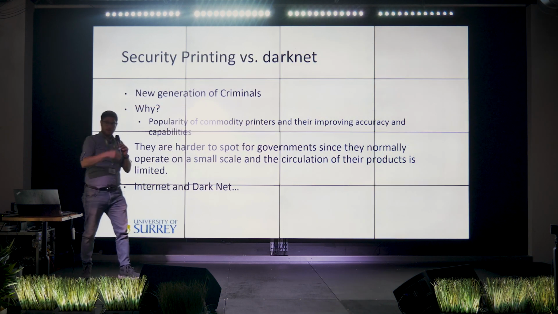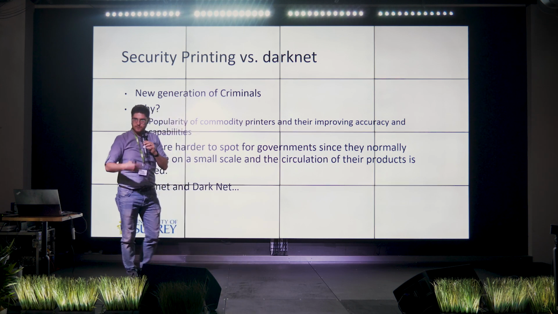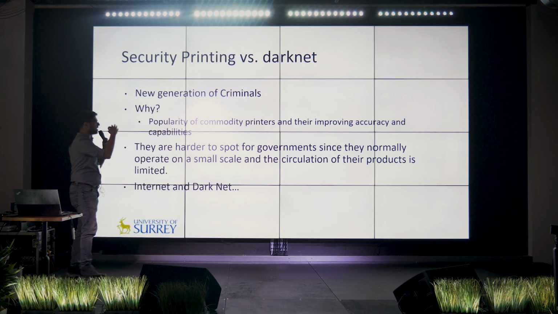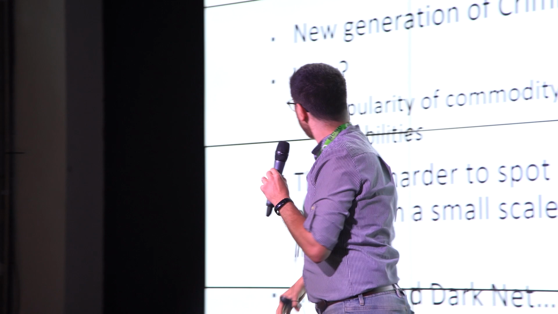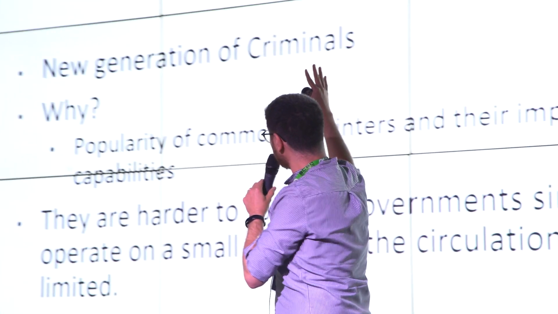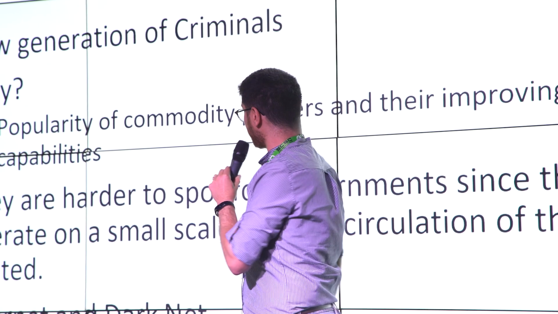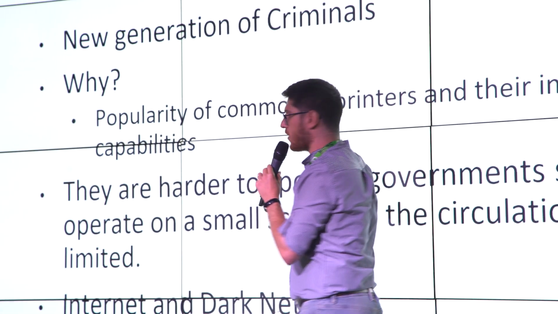So security printing has a lot of new challenges, considering everything that is going on in technology. The first challenge is the darknet. There is a new generation of criminals showing up everywhere. The first reason is the popularity of commodity printers.